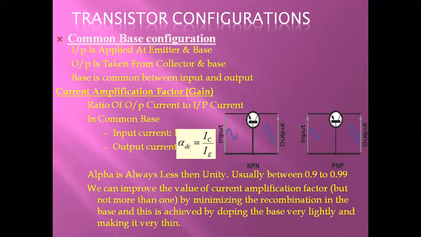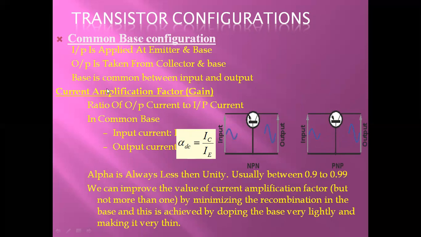Moving on to the common base configuration, the input is applied at the emitter and base, and the output is taken from the collector and base, similarly in the case of PNP.